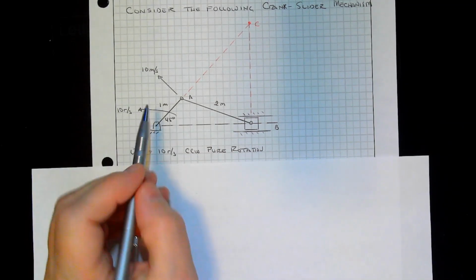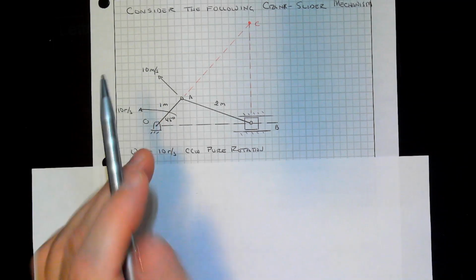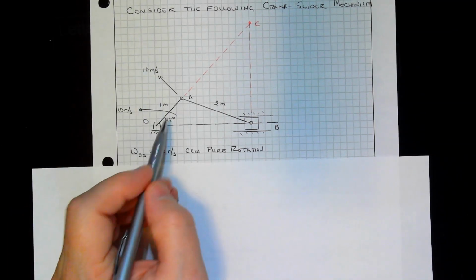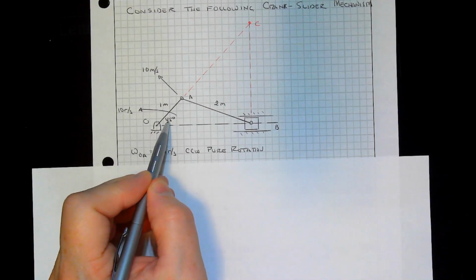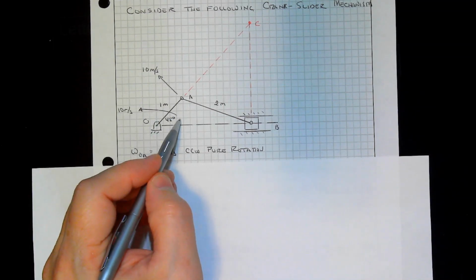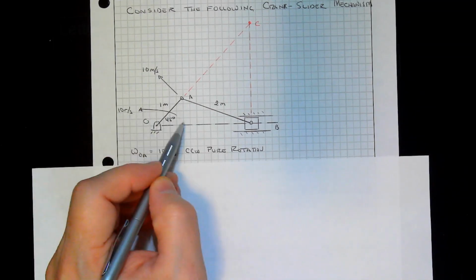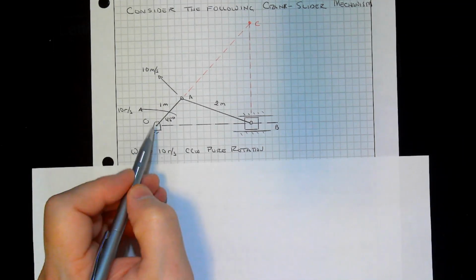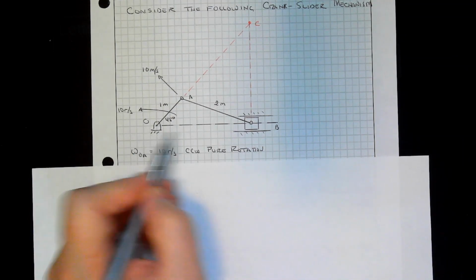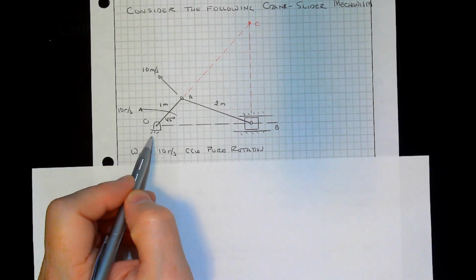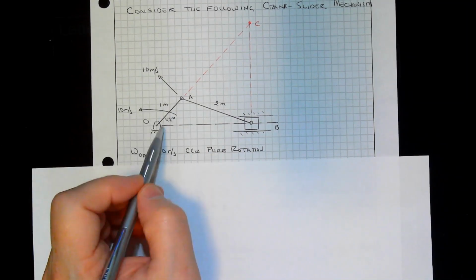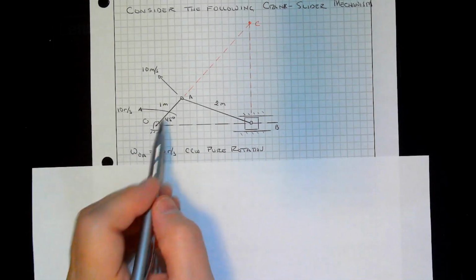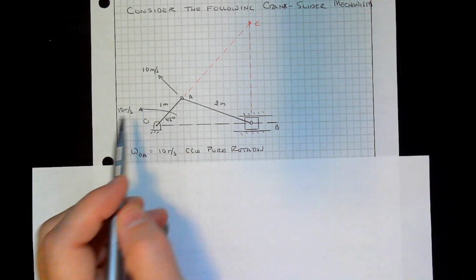For this problem, I'm going to do instant centers, so I only care about velocities. Here I have the crank at 45 degrees, and the angular velocity at the crank is 10 radians per second, counterclockwise. You'll notice the little symbols here. These are connected to ground, so they're not moving. So velocity here is 0, and I've got pure rotation.